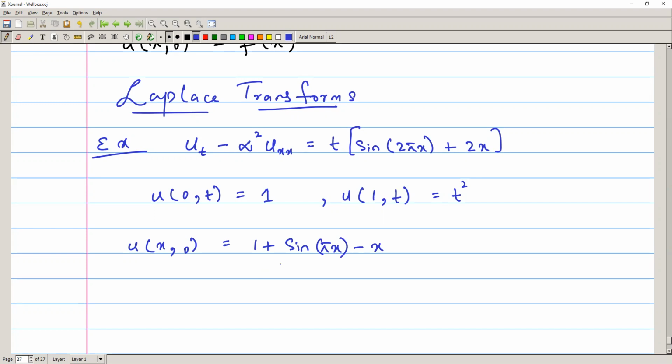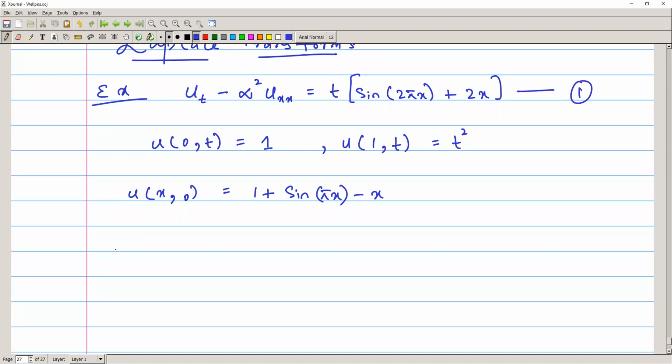Now we will apply the transformation to equation number 1. Right, so applying Laplace transforms to equation 1.